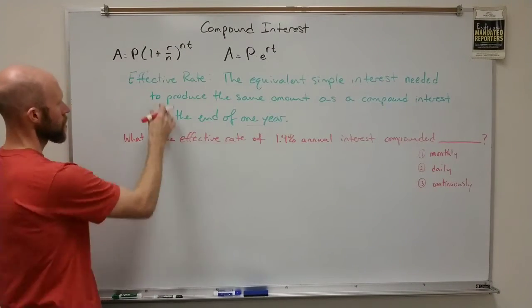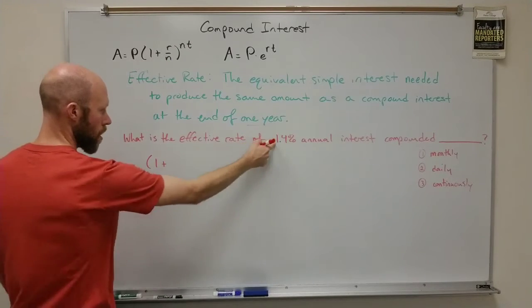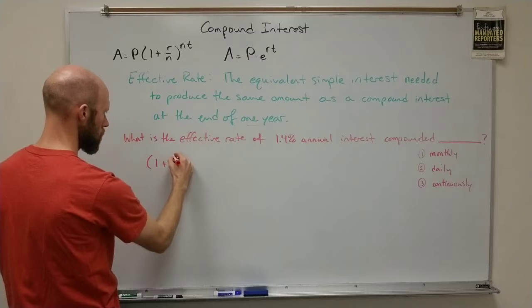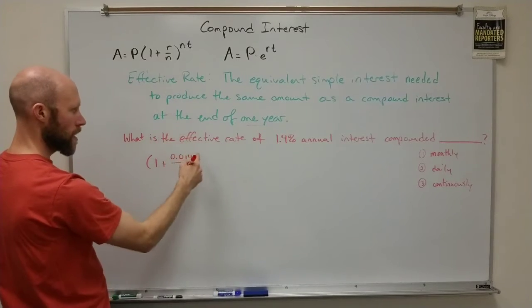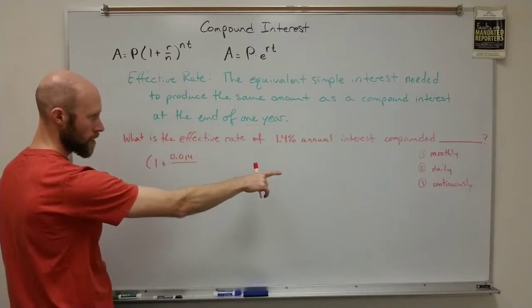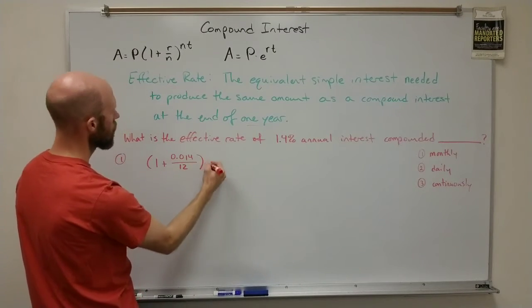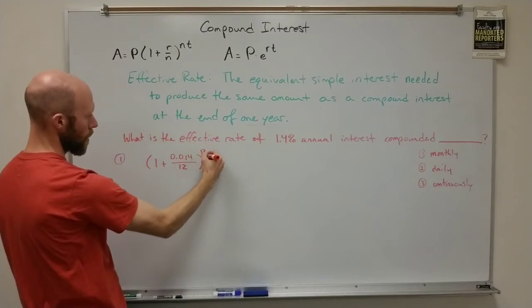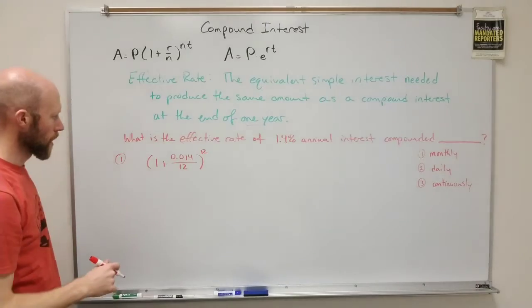So in this case, that multiplier is 1 plus R, which is 0.014 over N. In our first case, number 1, N is monthly, so that's a 12, raised to the 12th power, and remember the T is just 1 because we want this over a 1 year period.